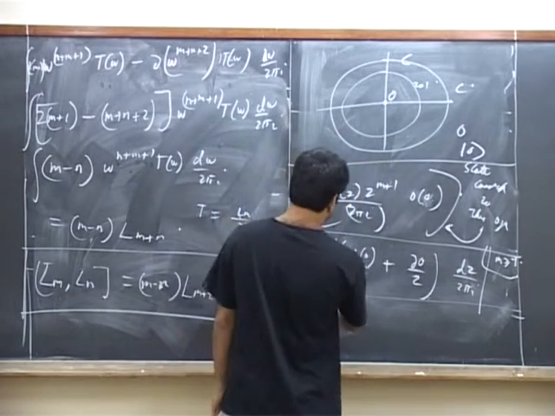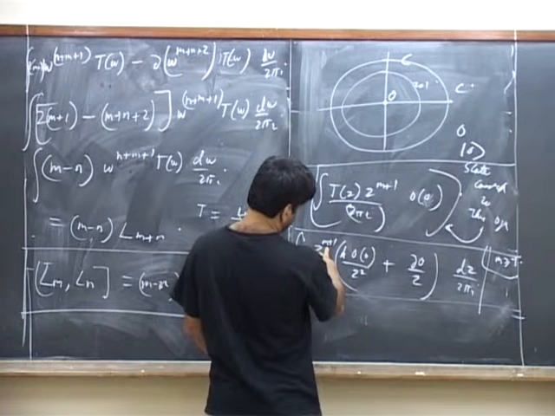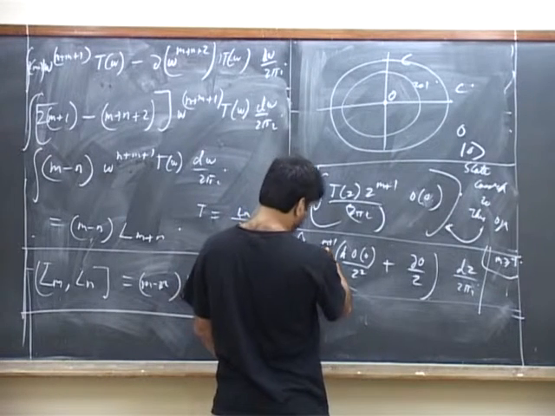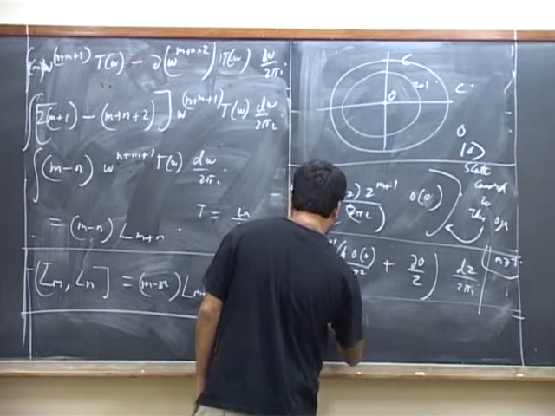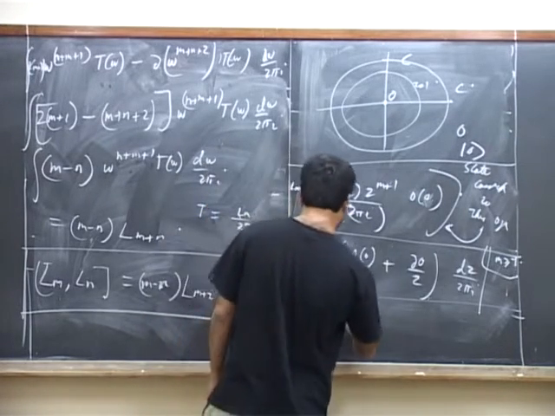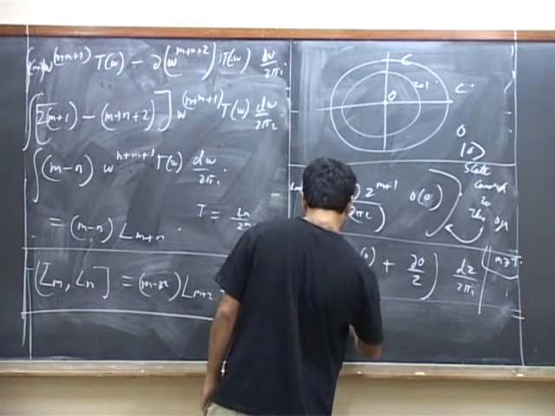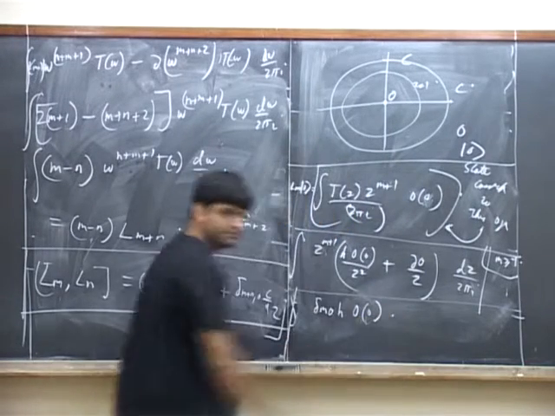We get this term if n is equal to 0. So we get delta n0 times h times O(0).